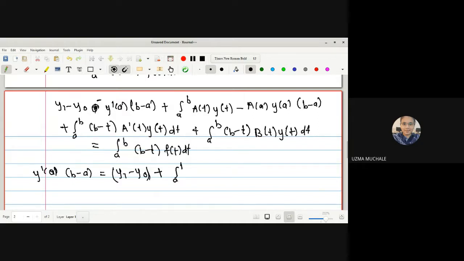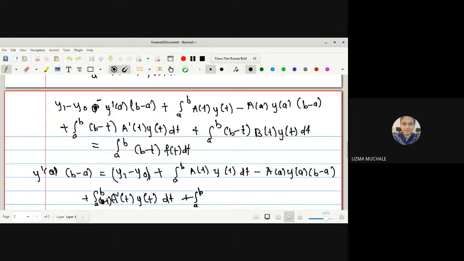Integration a to b, a of t y of t dt, minus the next term, a of a y of a, b minus a, plus integration a to b, a dash of t y of t, here it should be x minus t, it's b minus t, b minus t dt, plus integration a to b minus t, capital B of t, y of t dt.